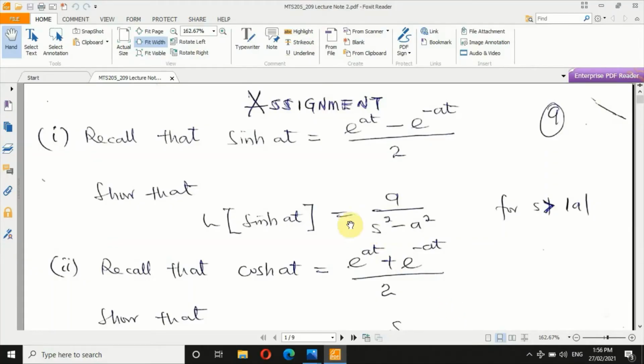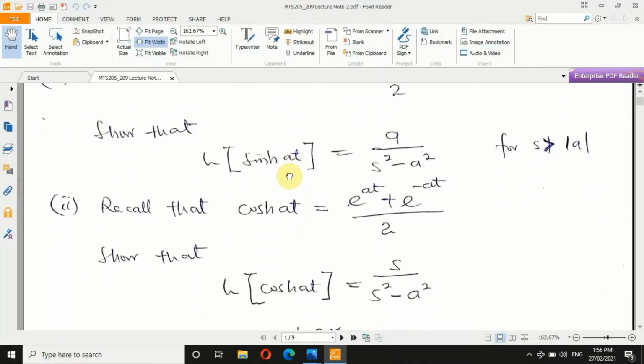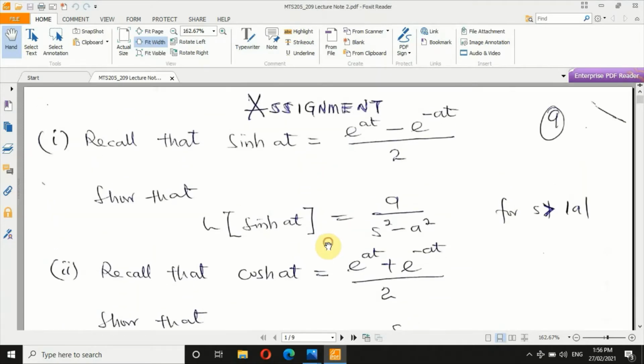So let's continue. We want to focus on the Laplace transform of hyperbolic functions. If you open your lecture notes, page 9, you will see the assignment there. We have Laplace transform of sinh at, and another assignment is cosh at. So in this class, we'll solve one, then you will do the remaining.